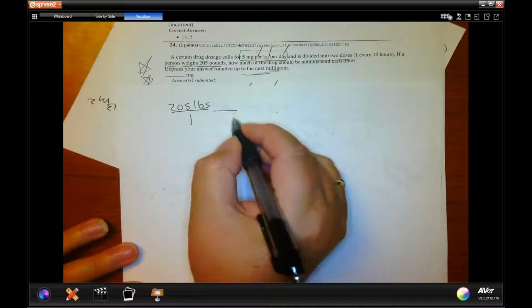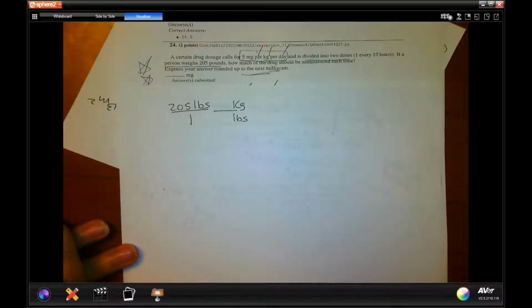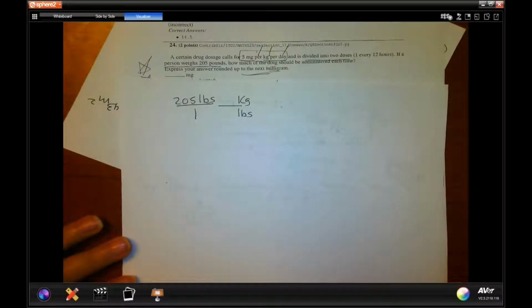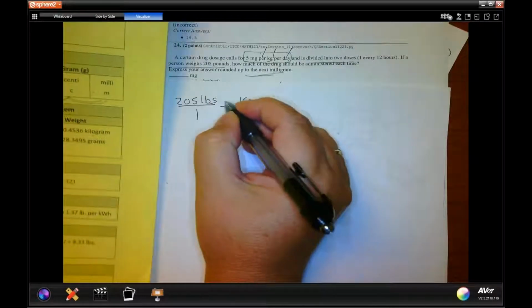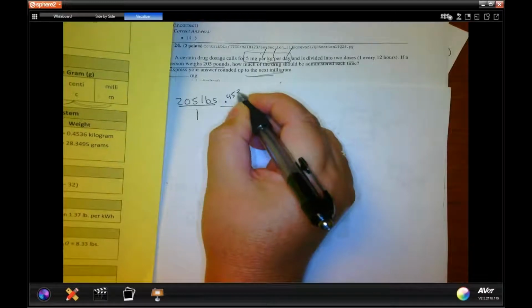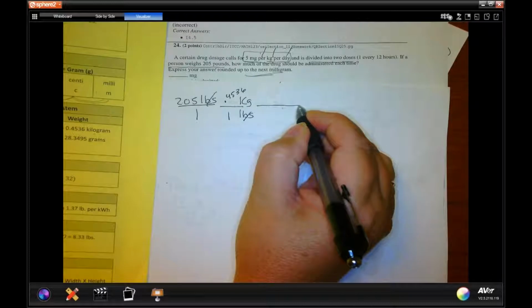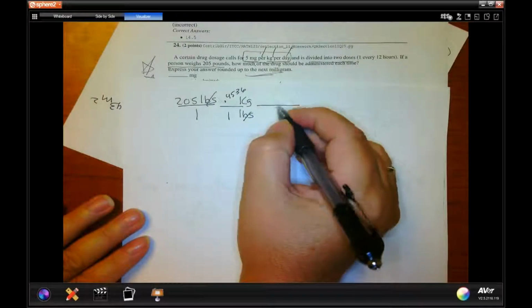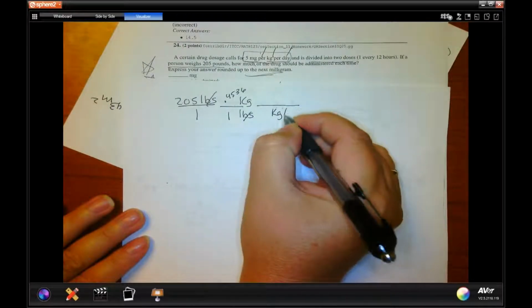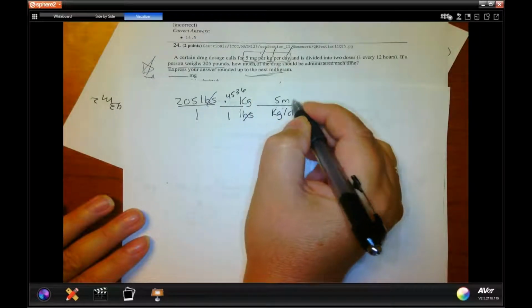So we take the pounds and convert to kilograms. This is always on the test. We look at our conversion: 1 pound is 0.4536 kilograms. That'll get rid of pounds. Now, this next conversion is not on our sheet but is given in the text. For every kilogram per day, they're going to get 5 milligrams of that drug.